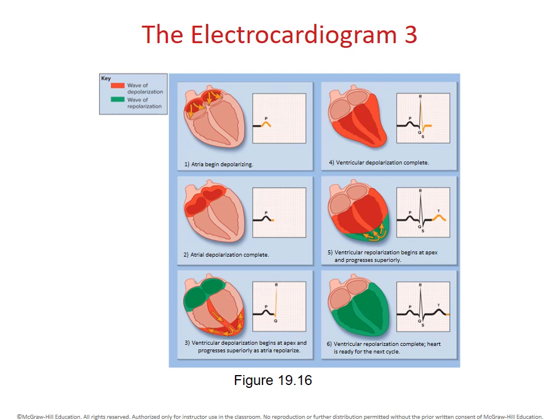It's getting excited because that's where our SA node, our pacemaker node, is. And as it spreads throughout the atrium, we can see on the little insert that the P wave starts to get formed. And as you move down to box number 2, it says atrium depolarization is complete, which means that the entire P wave has been drawn.